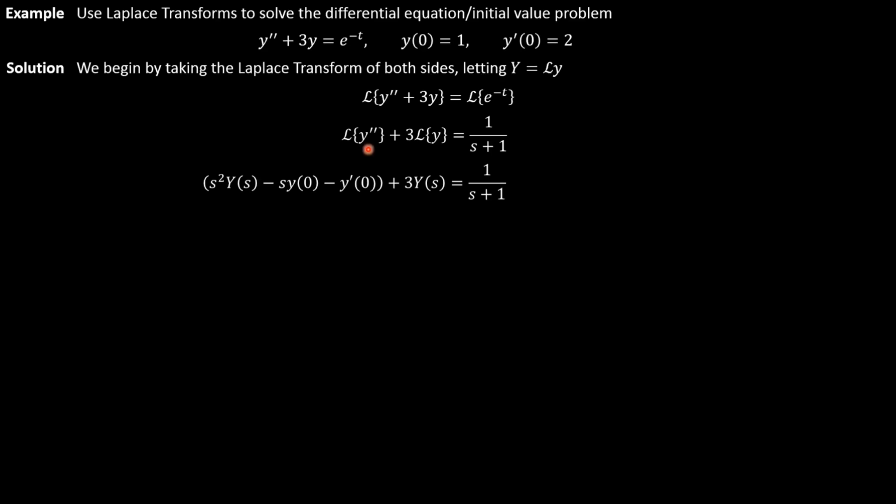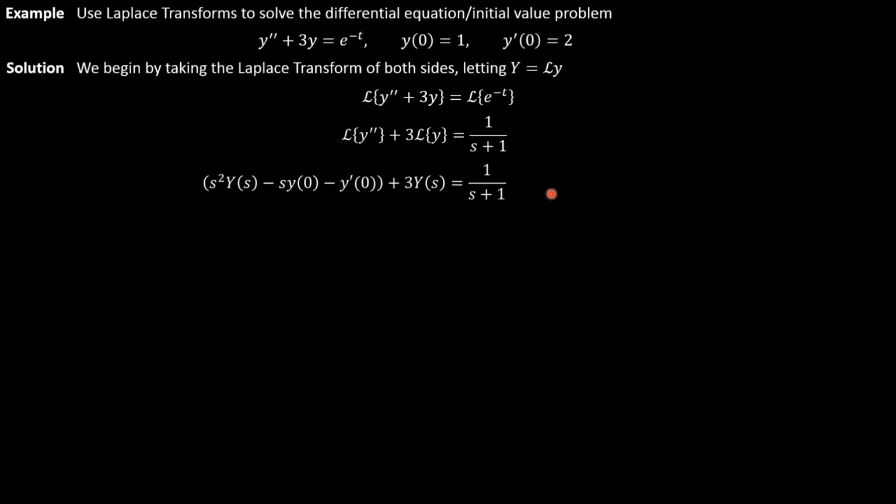So the Laplace transform of the second derivative of a function is s squared times its Laplace transform minus s times the value of the function at 0 minus the value of the function's derivative at 0. Then 3 times the Laplace transform of y is just 3 times capital Y of s. And on the right-hand side, we still have 1 over s plus 1.